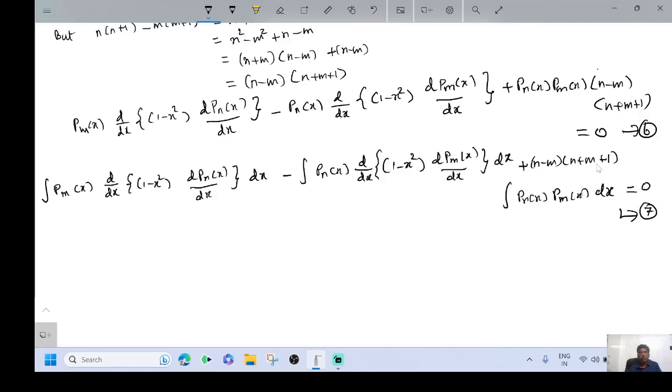This is equation 7. We are going to vary from minus 1 to plus 1.